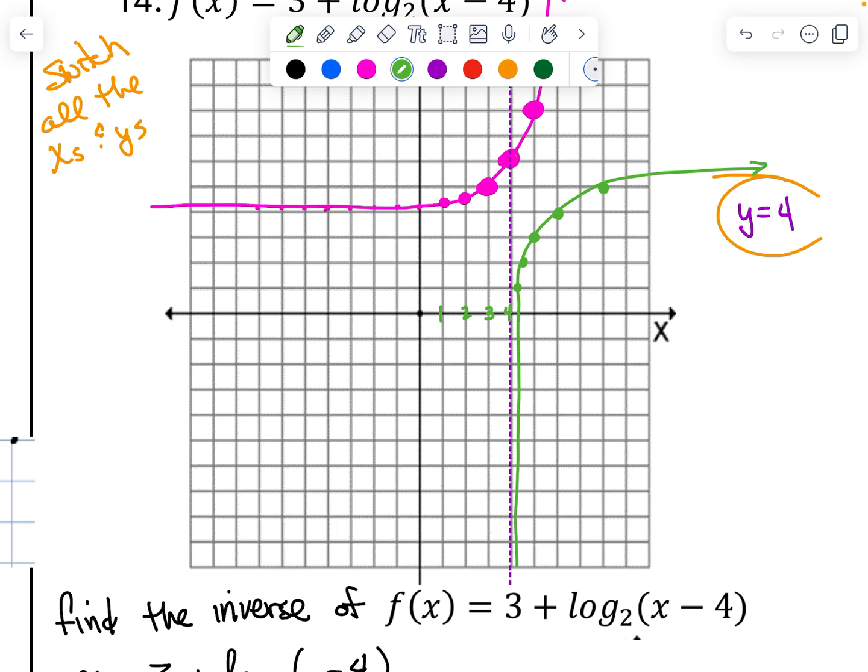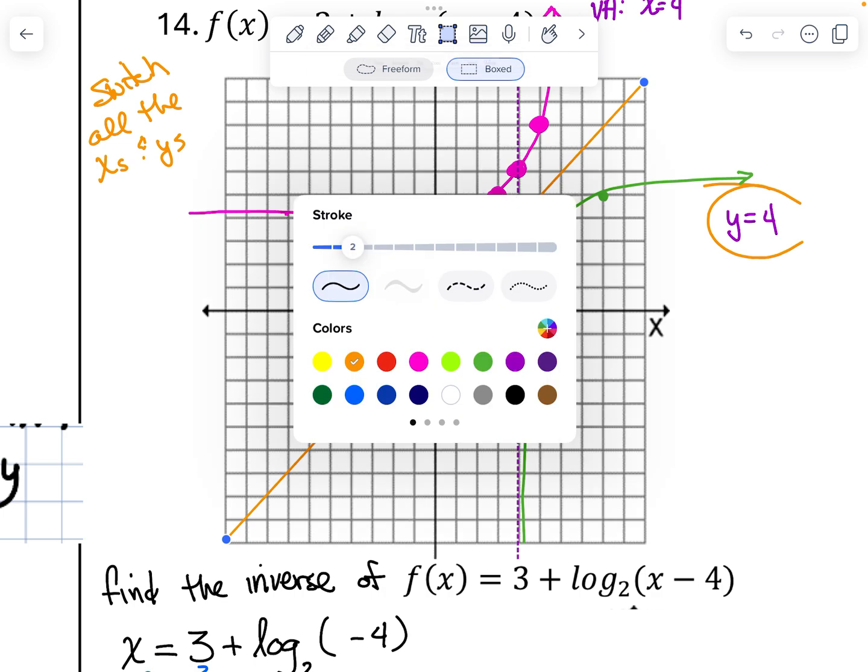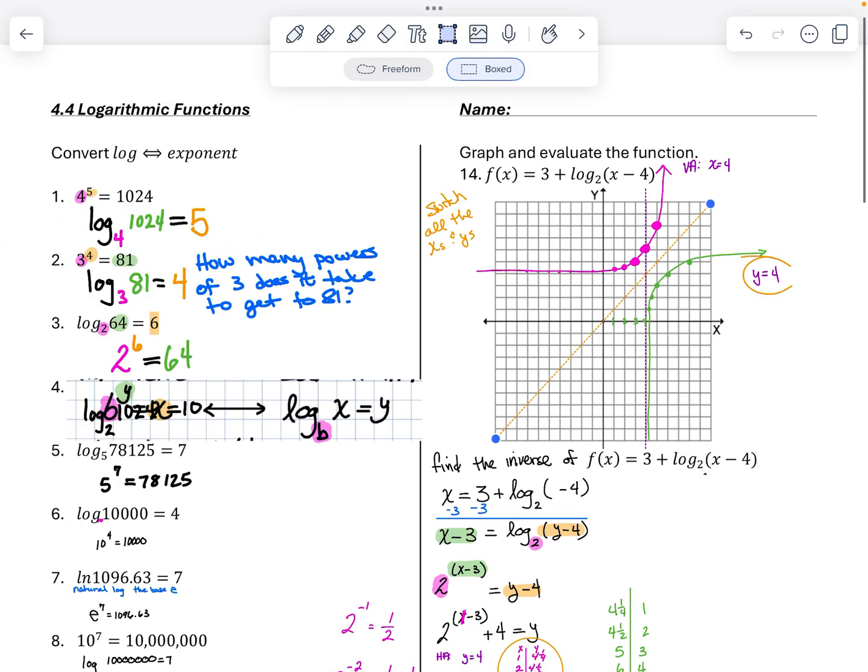And then I'm going to put in the line y equals x. And there's the foldable. And there it is.